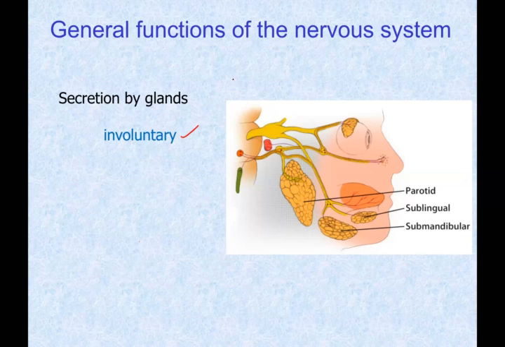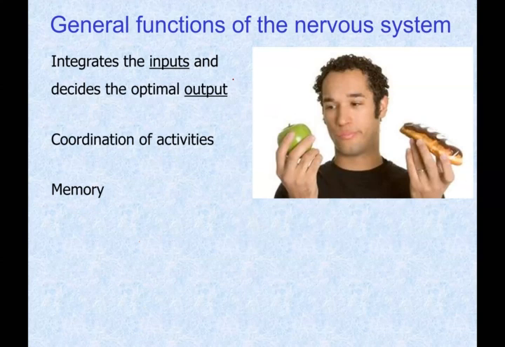So you get salivary glands and glands related to the digestive tract. All these things will secrete. Then, other than these sensory inputs and motor outputs, whether there are motor outputs or not, there is a lot of integration taking place inside the brain.